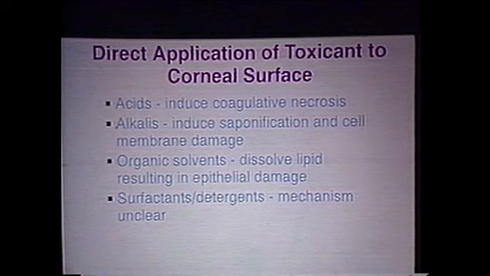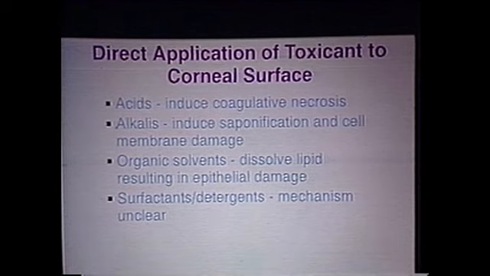But there are chemicals from a wide variety of chemical classes which can result in these abnormalities. In the case of acids, clearly the damage is dependent on the pH, the strength of the acid, but acids tend to provide a self-limitation of the pathological reaction.